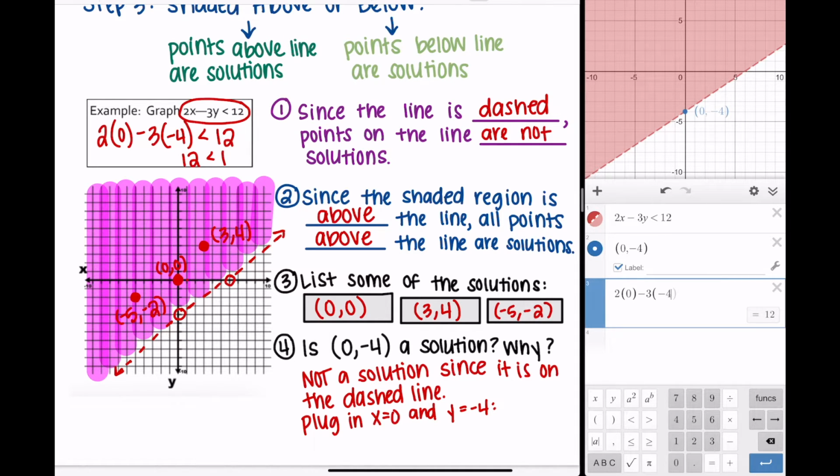And 12 is not less than 12. 12 is equal to 12. So this is a false statement. 12 is less than 12 is false. So it is not a solution.